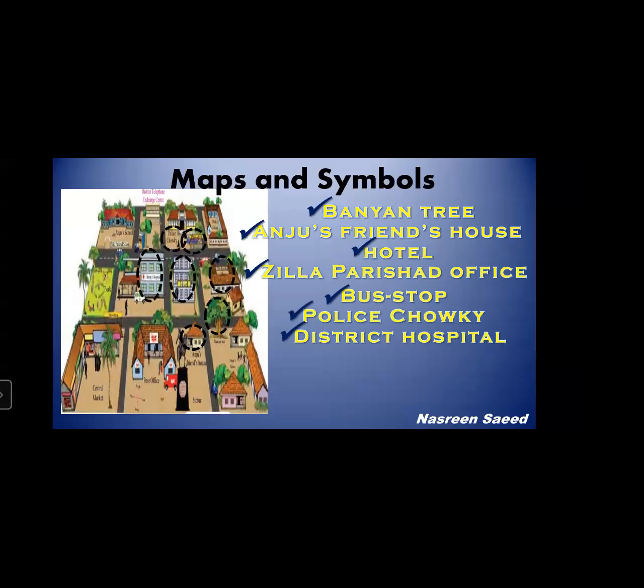Now when she moves, this district hospital comes on the left hand side of her path. Then she sees the district telephone center, and a park which is opposite. So all these things can be seen on the way from Anju's house to the school.